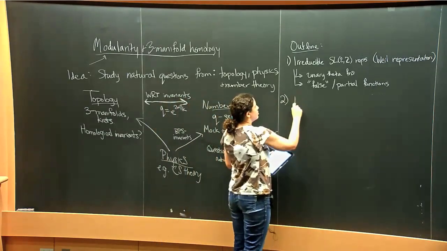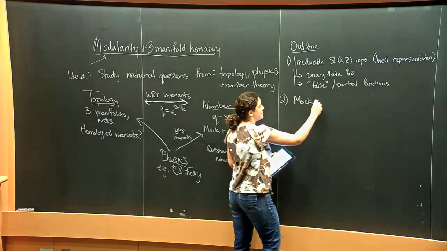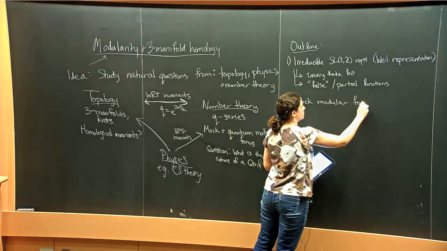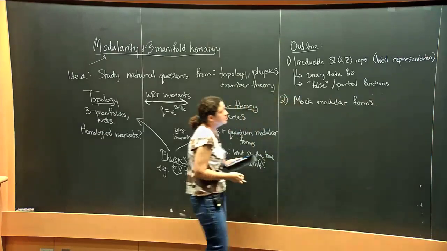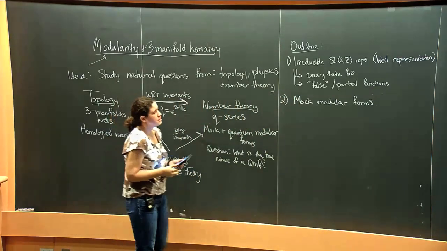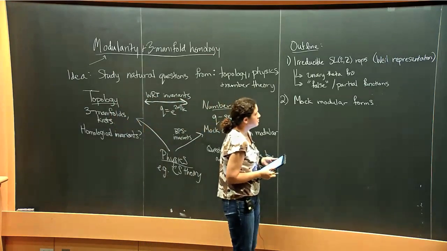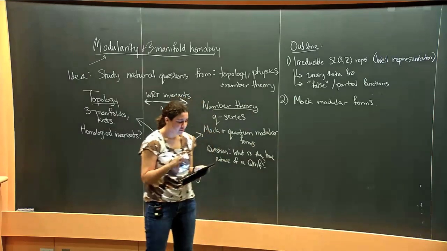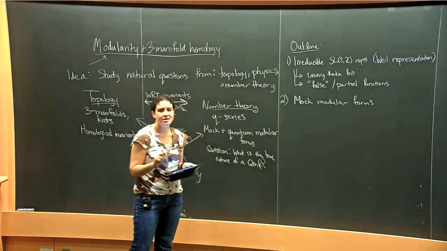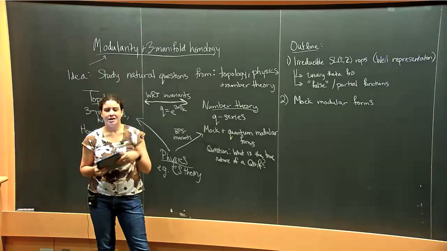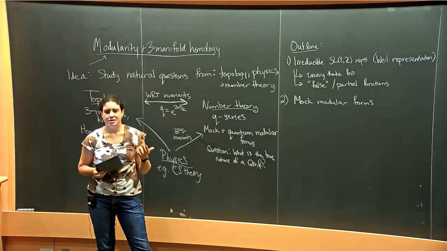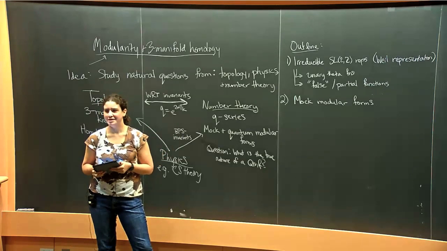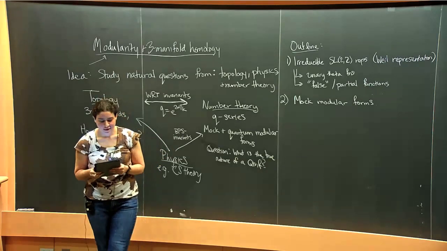Then, getting less modular, I'll introduce mock modular forms. These first arose with a letter by Ramanujan about 100 years ago, where he wrote down a bunch of functions that he called mock theta functions. He didn't really say what the definition was, and he didn't prove anything about their properties, but he wrote down a bunch of their properties, which all turned out to be correct.